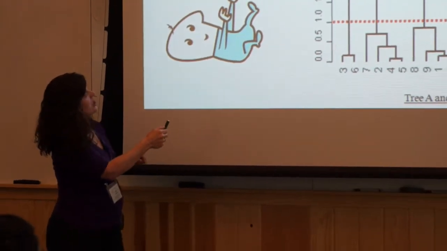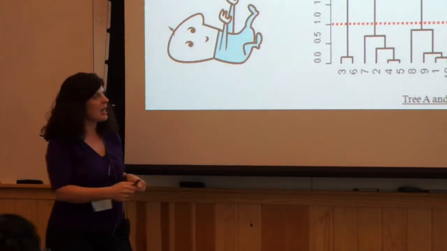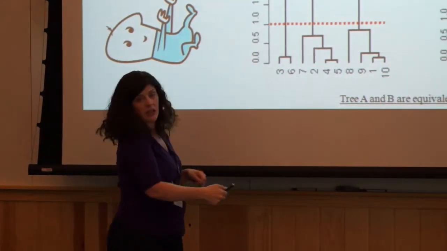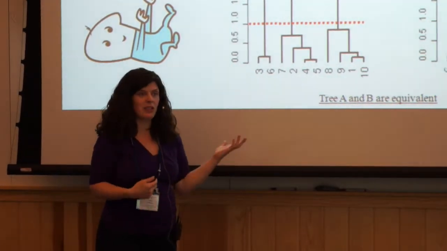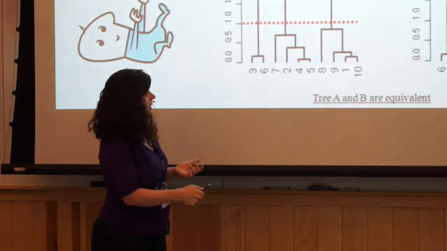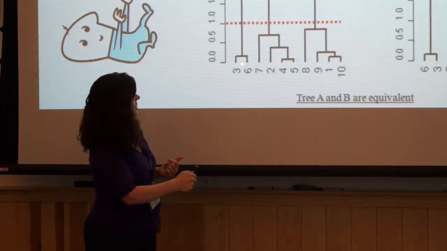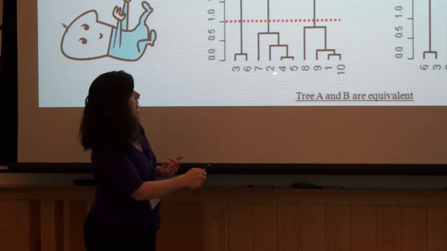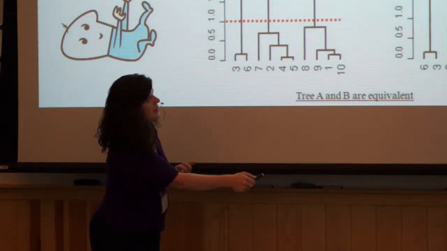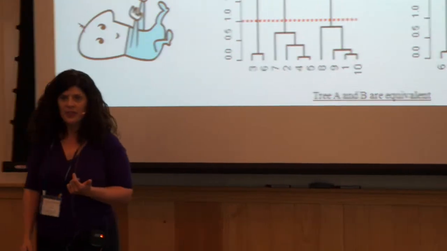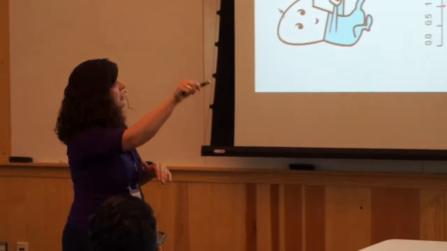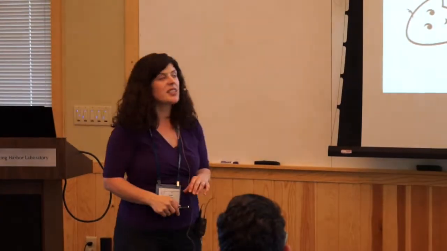These little things here can be flipped around happily, and a lot of people will do it so that it looks like a prettier tree. But this tree is the exact same as that tree, even though 3 and 6 are now flipped, and these 2 are flipped here as well. So when you're looking at a tree, start looking at the top and see what the structure is.